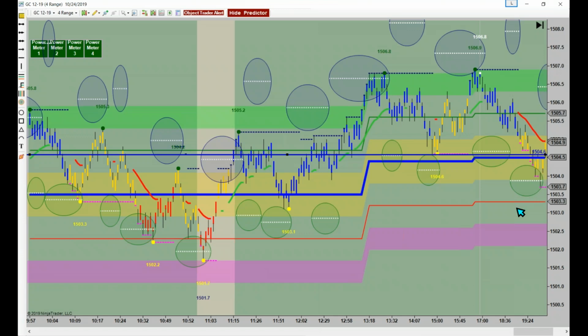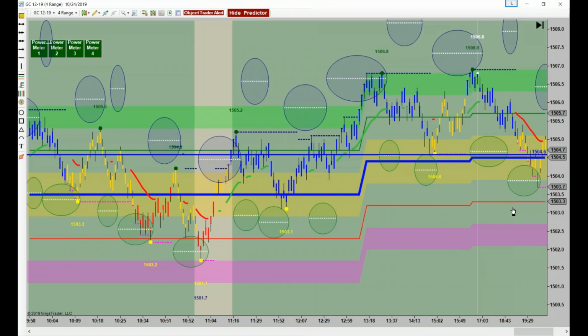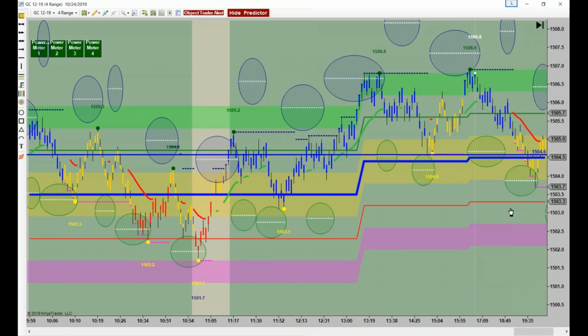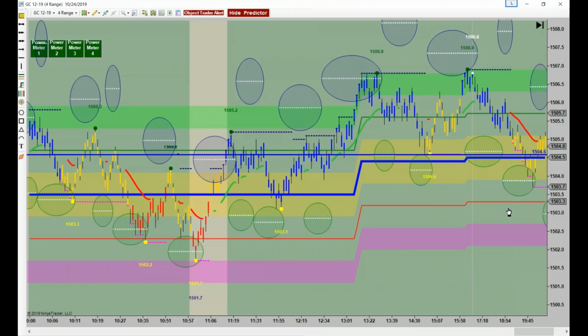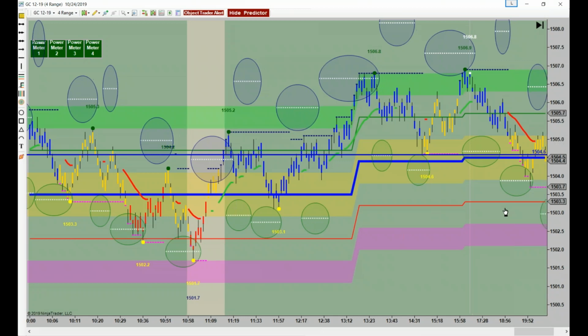But see, this went up to 1504.90, and it went up to about 1505, and then it went up a little higher, and then it took you out. So if you took a trade like this, this is not a trade that you made any money on.